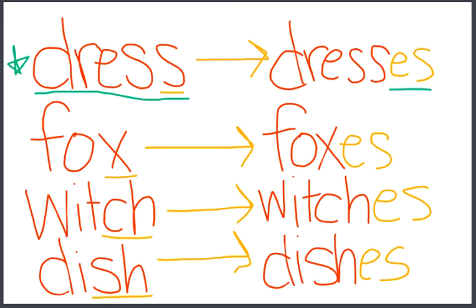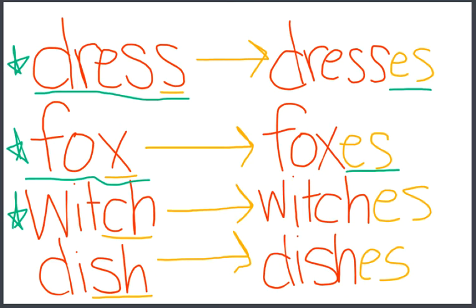We have the ES. Dress becomes dresses. Fox, F-O-X. Fox ends with an X. I'm following my rule of I add an ES to words that end in S, X, CH, or SH. Fox becomes foxes with the ES to make it plural.